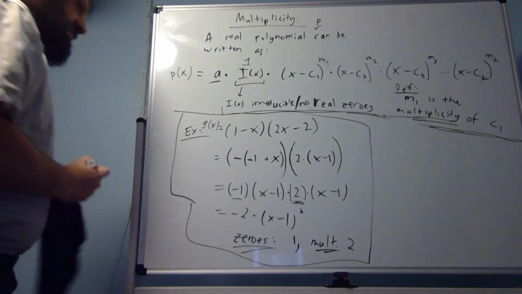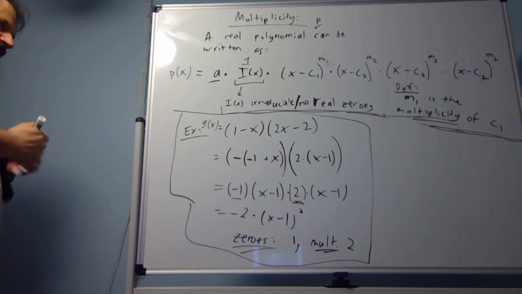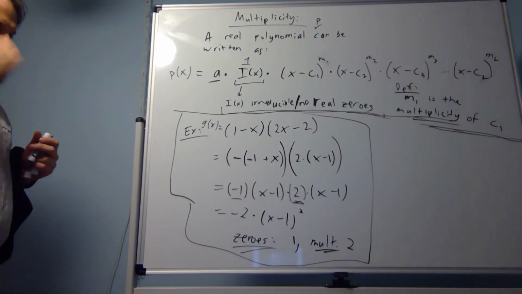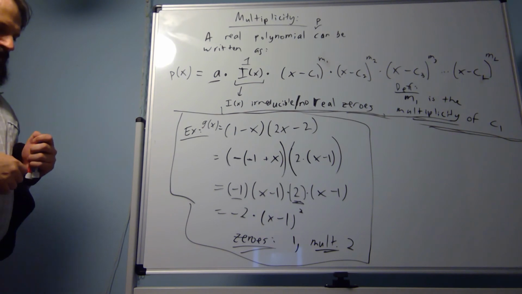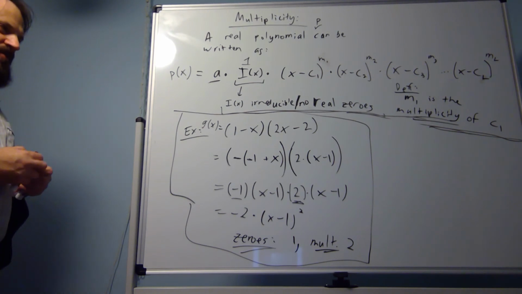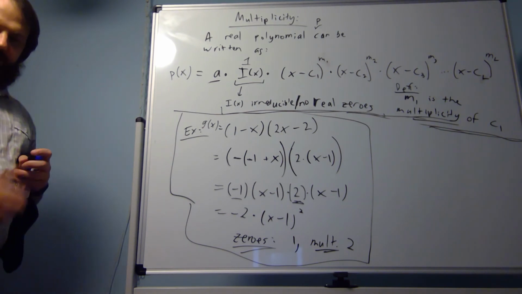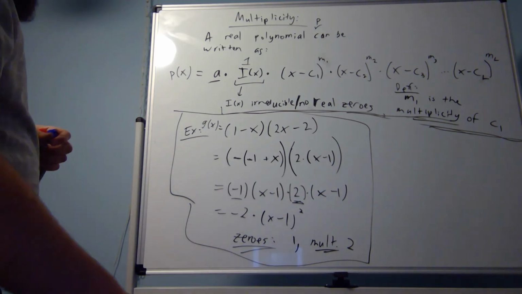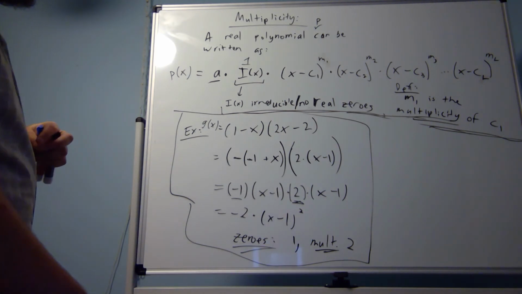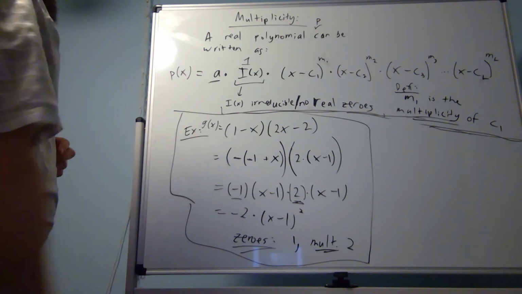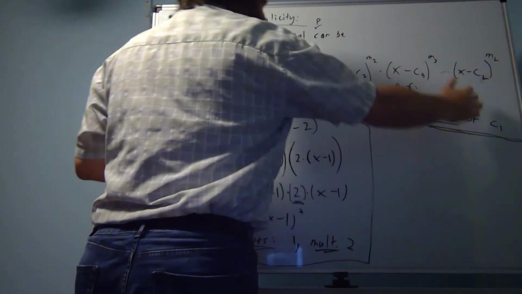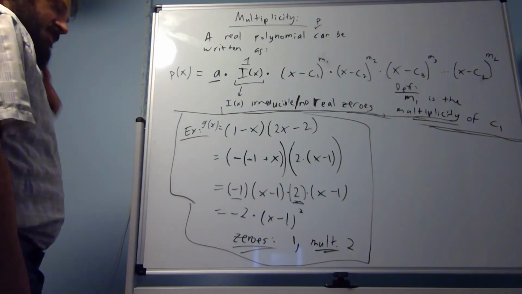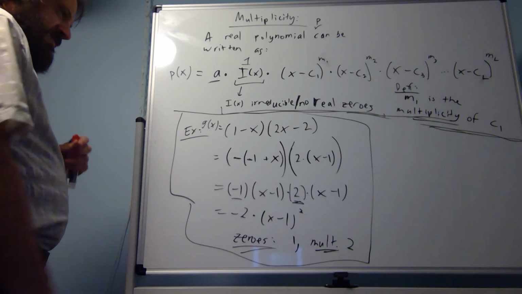If you just construct a polynomial completely at random and have a computer find the zeros, the most common thing to happen is that all the zeros are completely different from each other and they have multiplicity 1. But in theory, you can multiply expressions like this and anything could happen. So we just have to be ready for it.